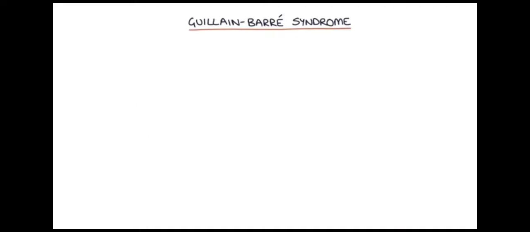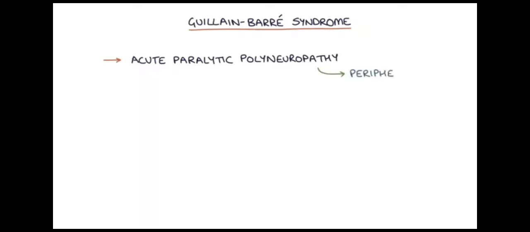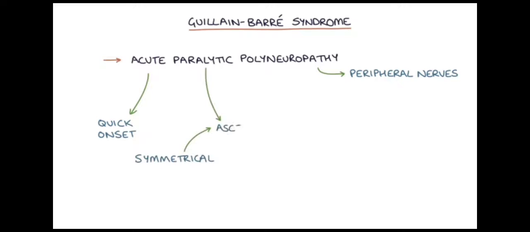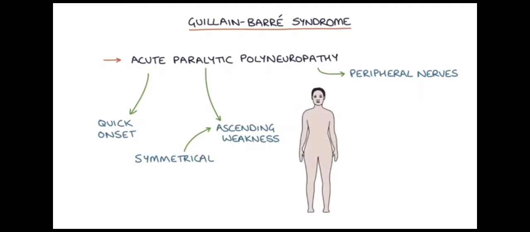So let's jump straight in. Guillain-Barre Syndrome is an acute paralytic polyneuropathy, and it affects the peripheral nervous system. It causes an acute, meaning quite quick, onset, symmetrical, affecting both sides equally, ascending weakness, so it's weakness that is coming up from the feet upwards.